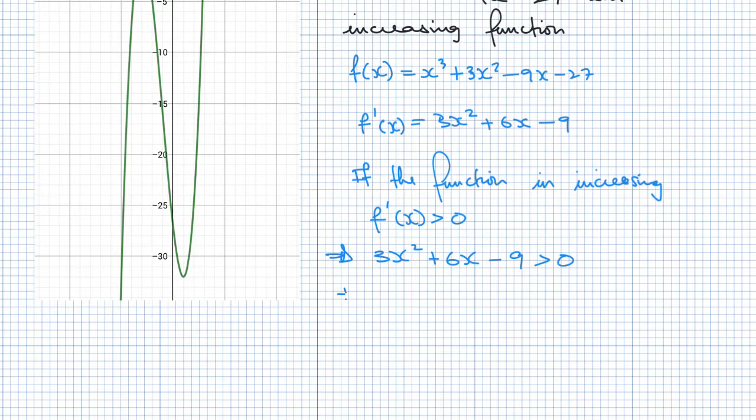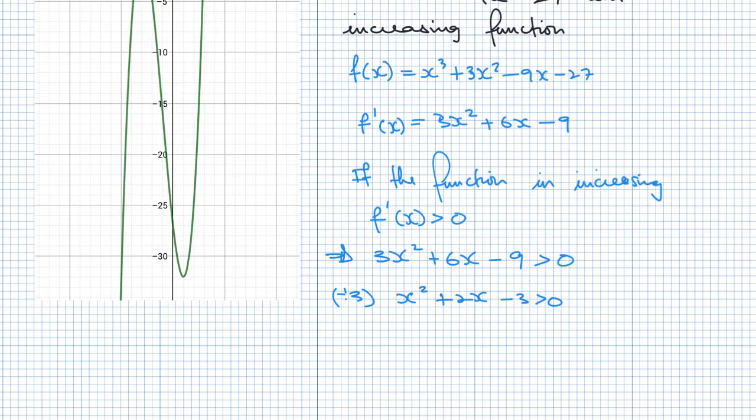I would simplify my function by dividing by 3 because I've got a load of multiples of 3 there, just to make life easier. So I'll now have x squared plus 2x minus 3 is greater than 0. So all I've basically done is divide that by 3, that by 3, and that by 3.